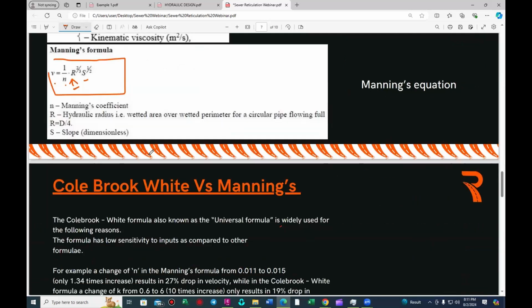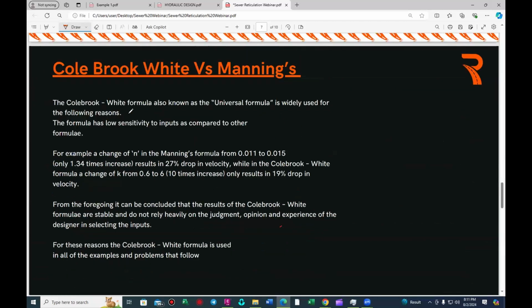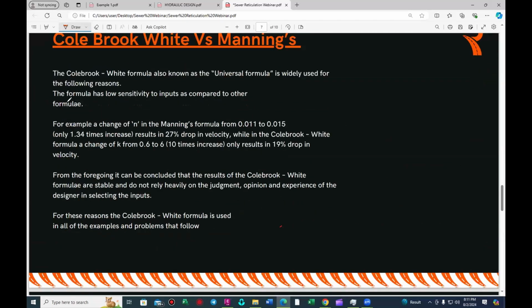But here's why I like to use the Colebrook-White versus the Manning's equation, right? The Colebrook-White, also known as the universal, in quotes, mark that, is widely used for the following reasons. Or let me say, I use it for the reasons I'm going to state here. Number one, the formula has got low sensitivity to inputs compared to other formulae.